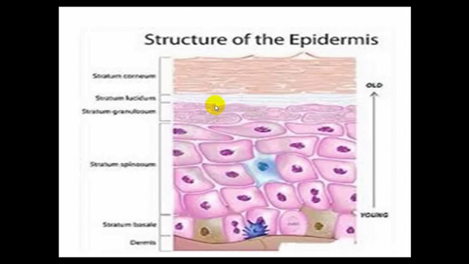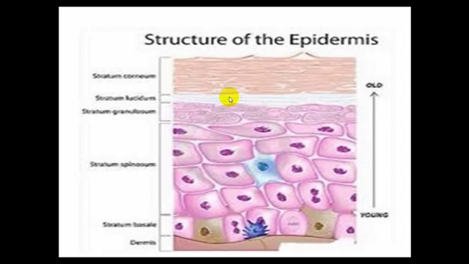After that, coming to the more superficial layer, it's the stratum lucidum. The stratum lucidum is a clear, homogeneous, lightly stained, thin layer of cells immediately superficial to the stratum granulosum.